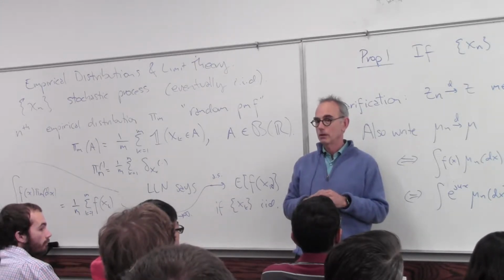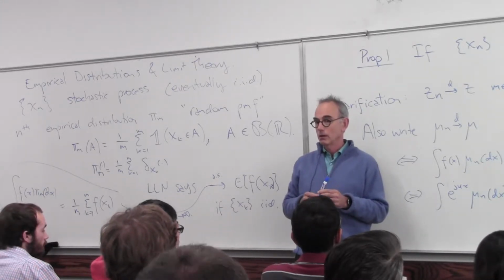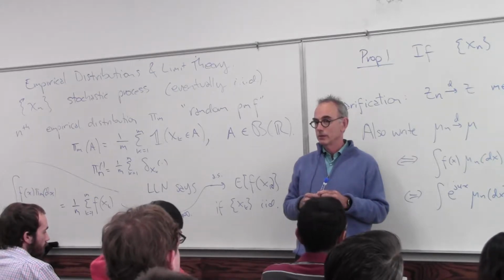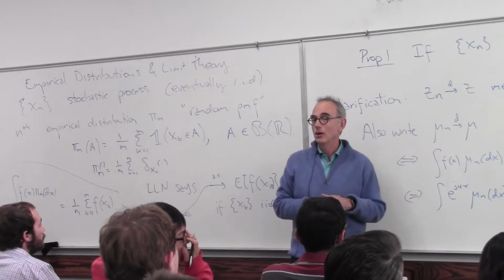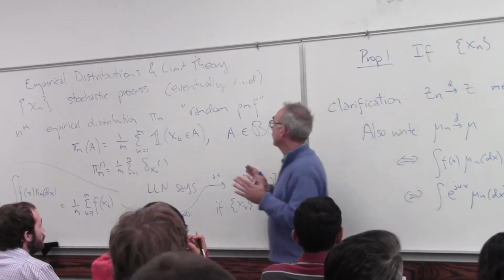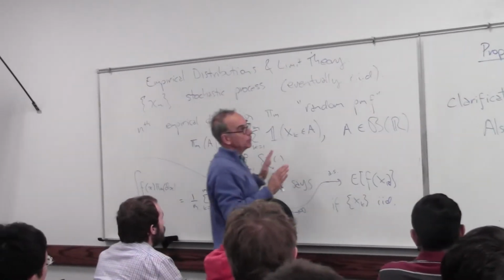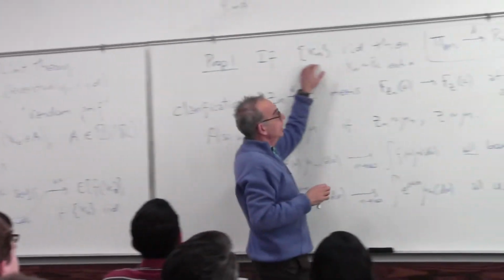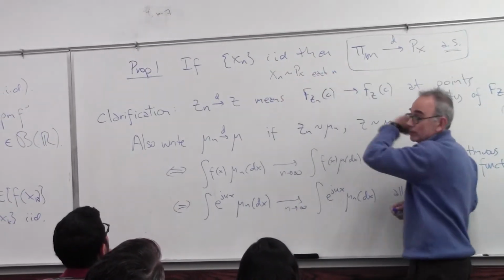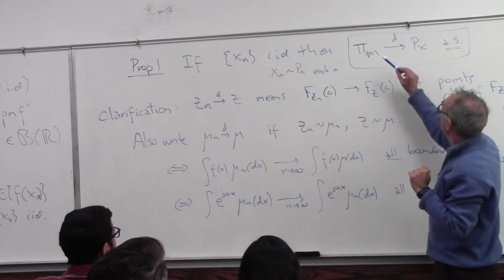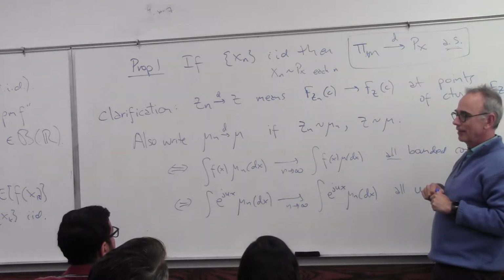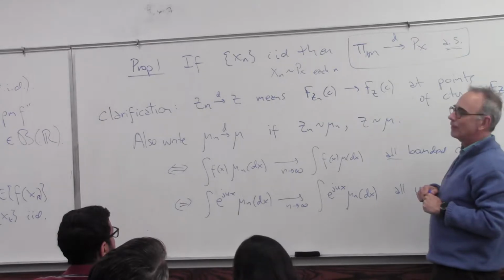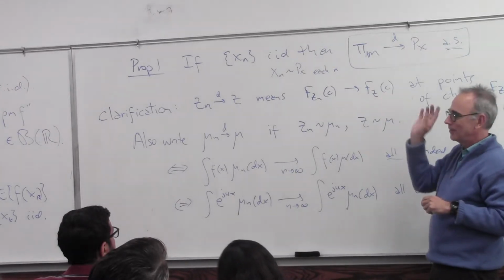Here, I've got a stochastic process, and from the stochastic process I get the empirical distributions. My claim is that those converge in distribution, so everything's nailed down on one probability space. That's not the issue.